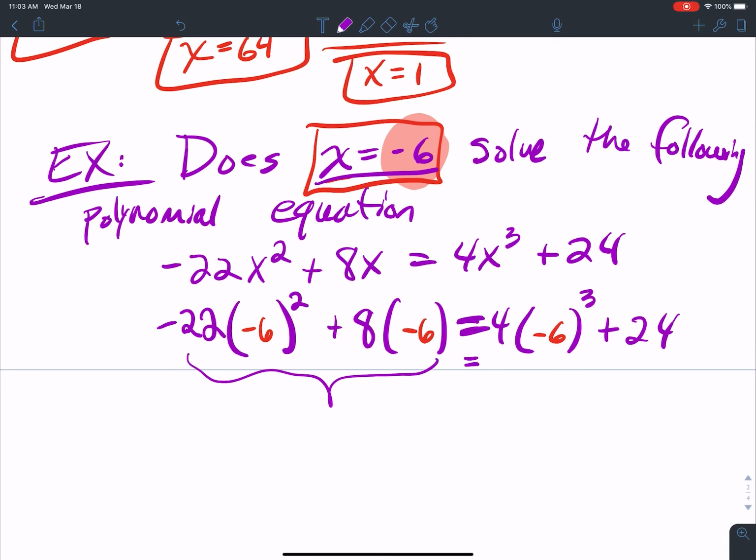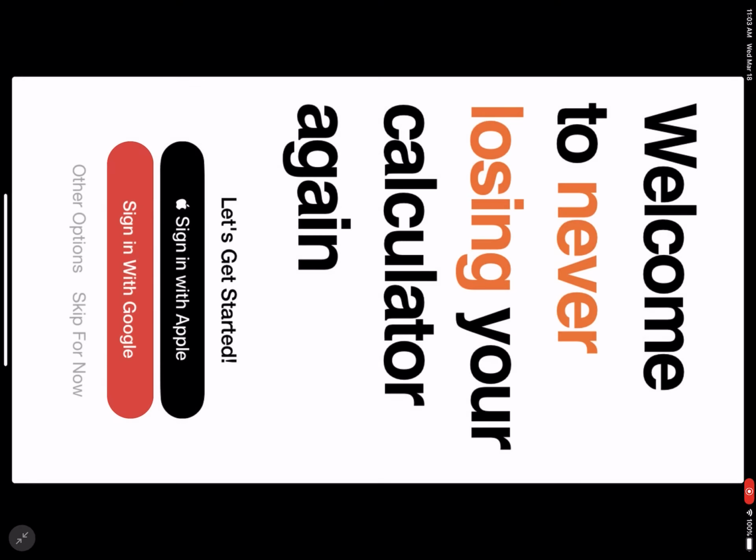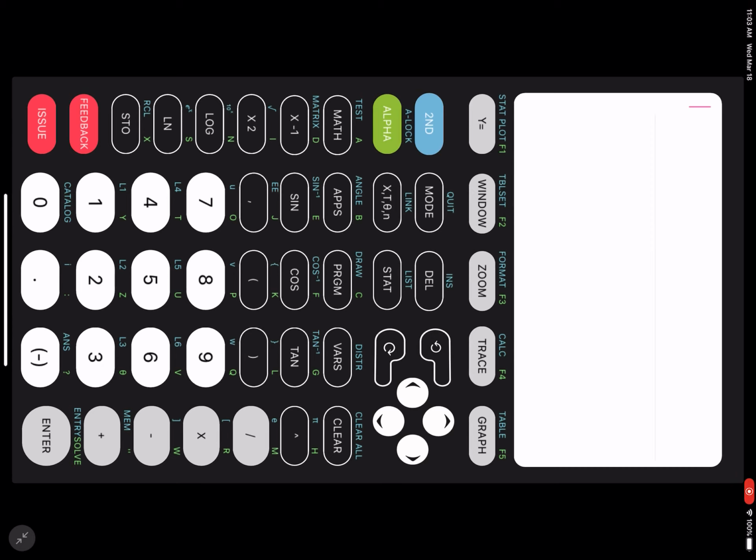So go to your calculator, type this in: -22 times -6, close parentheses, square it, plus 8 times parentheses -6.